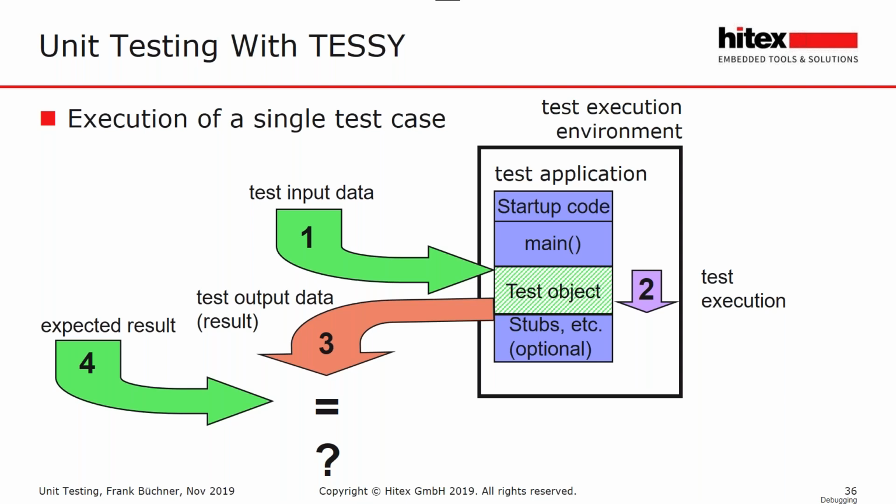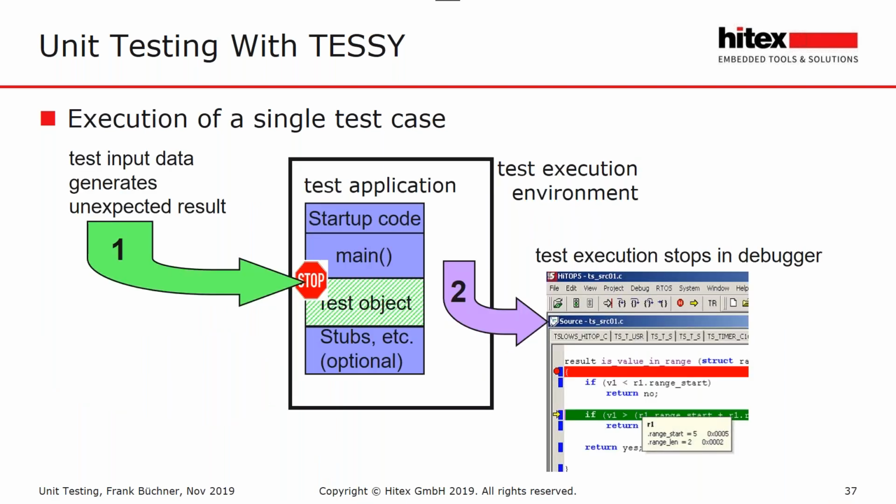In step 3, the results of the test are fetched back from the execution environment, which could be the RAM of your test hardware. And in step 4, Tessy compares if the expected result is the same as the actual result, and if yes, the test has passed, and if no, Tessy has 2 features which you can use to debug your test case.